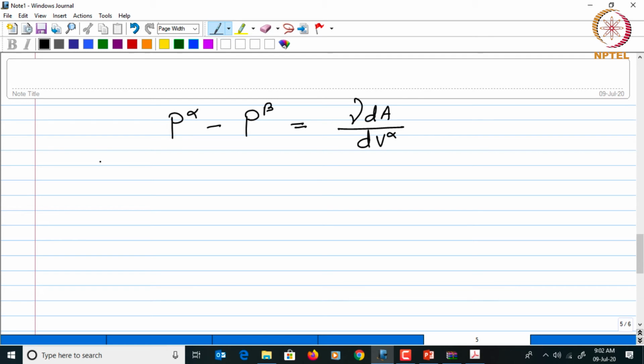So this dA dV is nothing but the curvature of the surface, and if we call that curvature K, we can simply write dA dV is equal to K, where K is the average curvature of the interface.